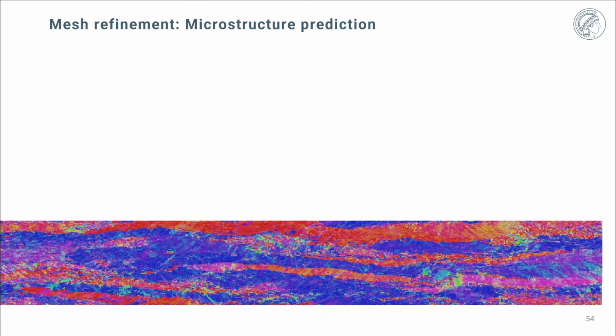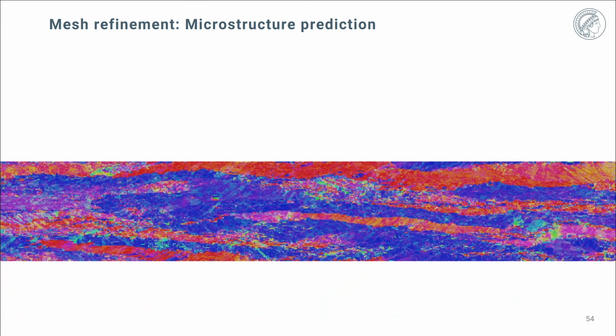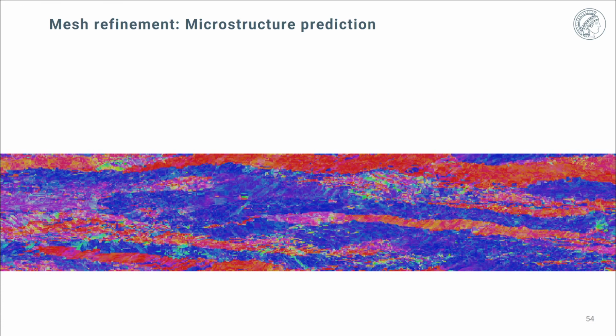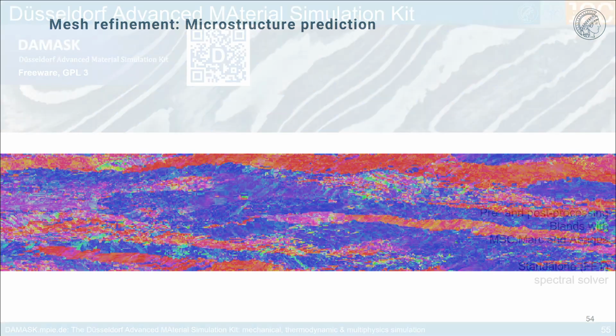When we zoom in for a moment, you can really see these fascinating details out of a pure simulation emerging. So these are of course very fine details that you would typically not need in a sheet forming operation, but they can be very relevant, for instance, when you want to predict things like recovery, recrystallization, damage evolution, small scale deformation effects and related phenomena.